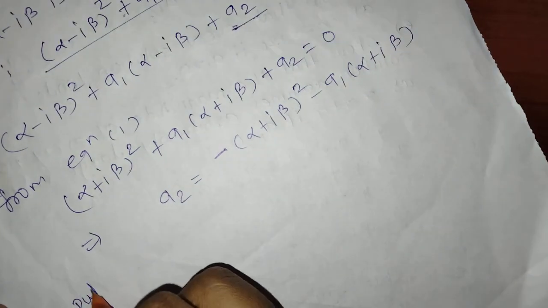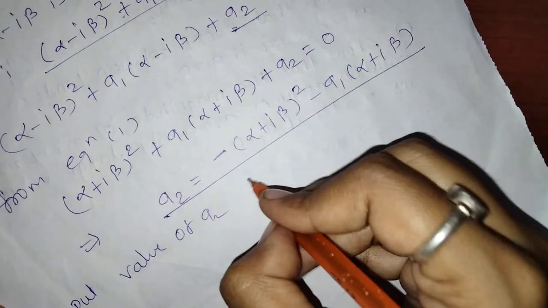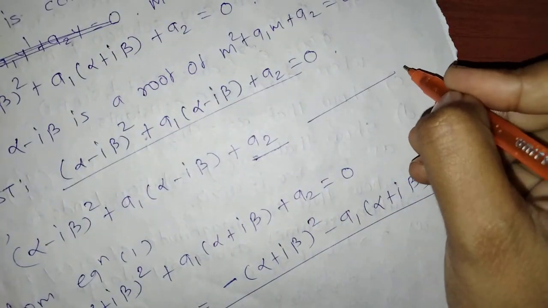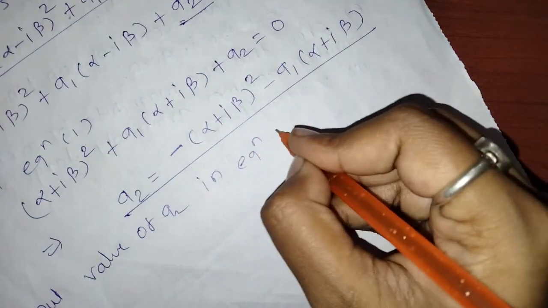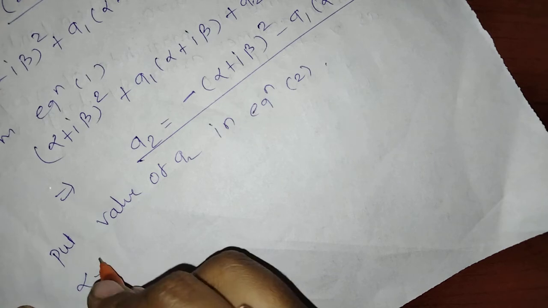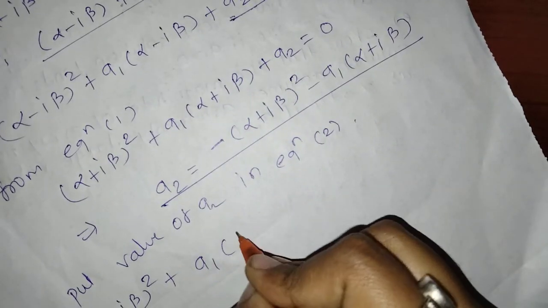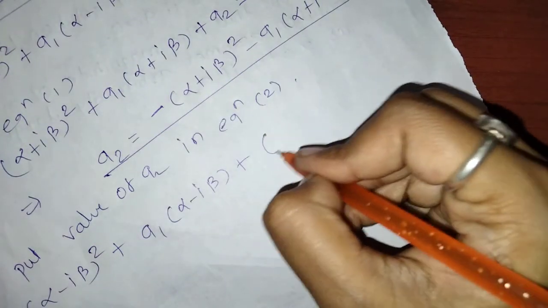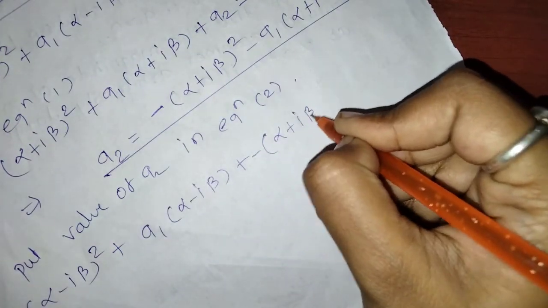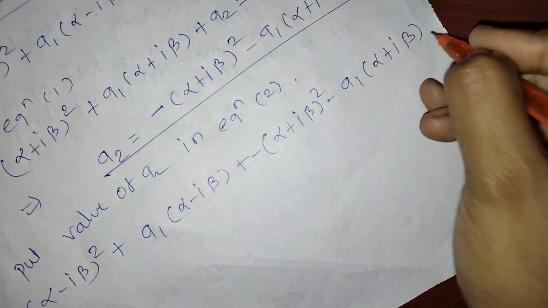So put the value of a2, which value? This value in this equation 2. So (alpha minus i beta) square plus a1 into (alpha minus i beta) plus a2 is this, minus (alpha plus i beta) square minus a1 (alpha plus i beta).